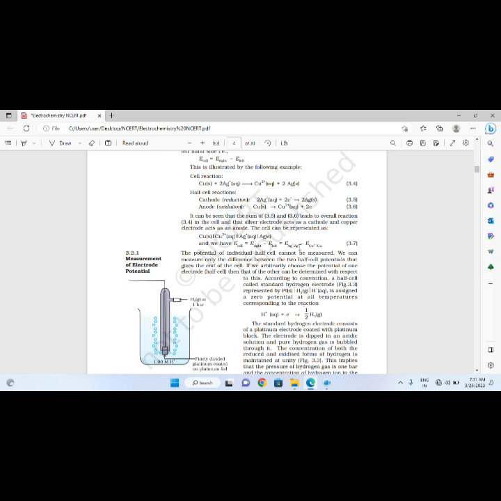And the oxidation side, or the anode side, that means copper getting oxidized to copper 2 plus, will be on the left side, E left.